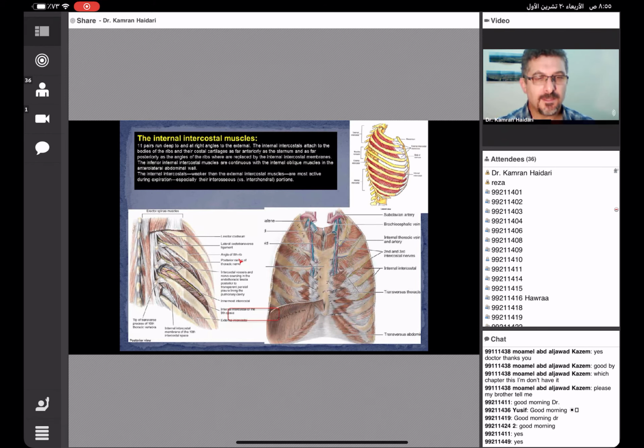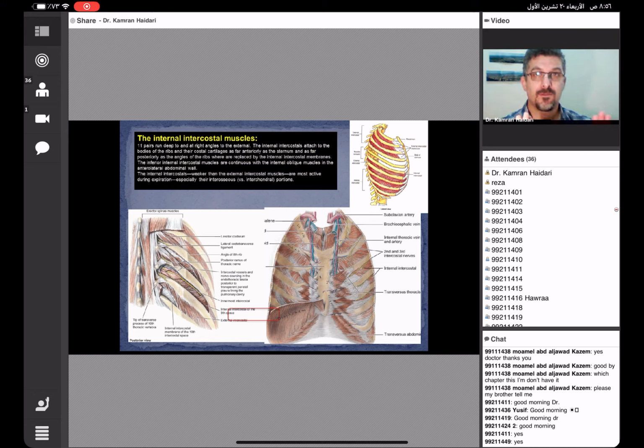Okay. The next muscles. The next muscle is the transverse thoracic muscle. Transverse thoracic is the same level with innermost intercostal muscle.